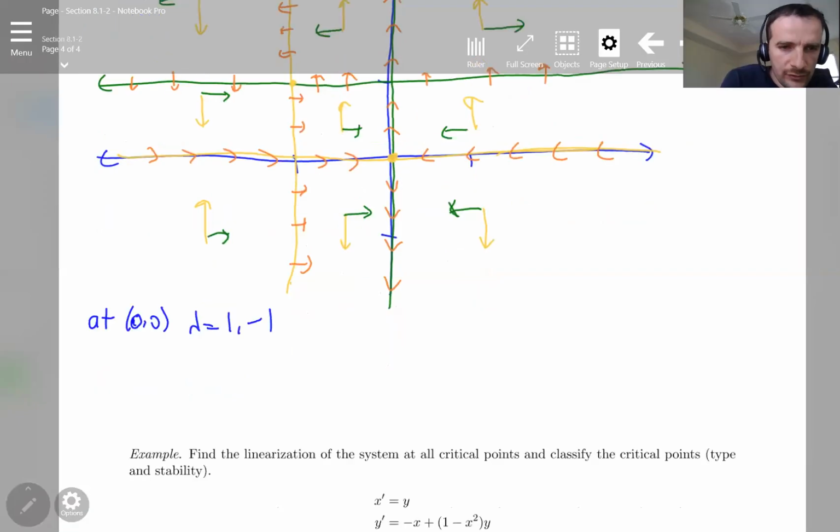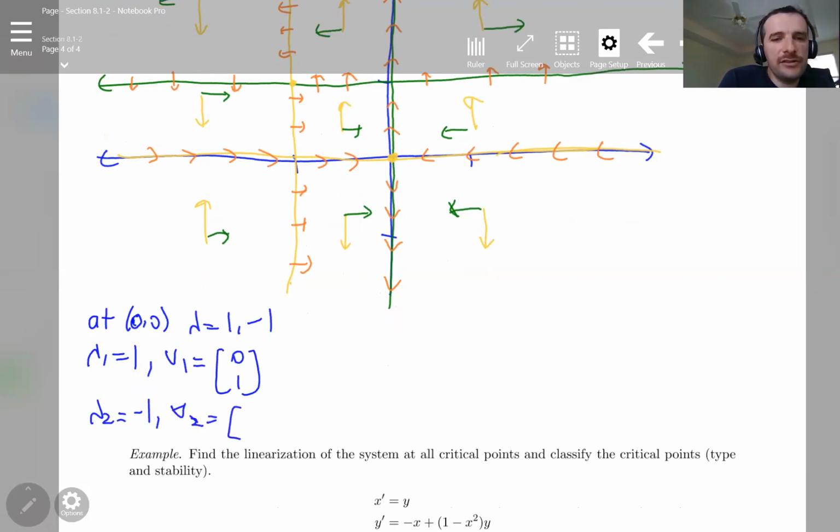So for lambda 1 equal to 1, V1 is (0, 1). And for lambda 2 equal to -1, V2 is (1, 0).